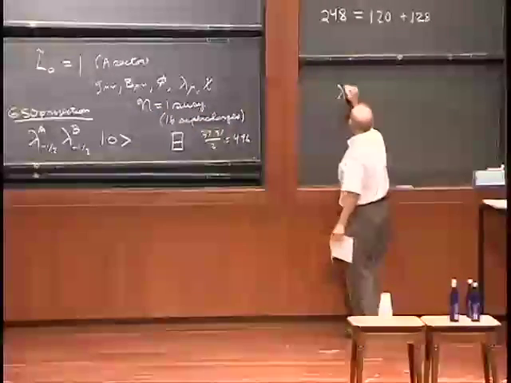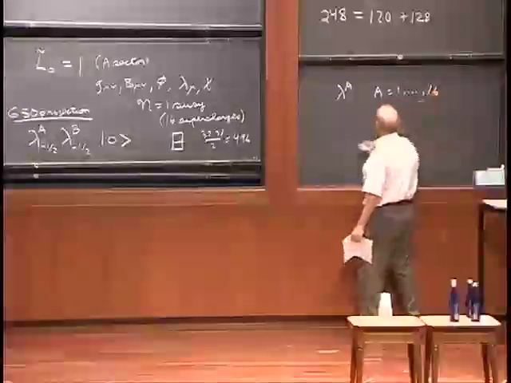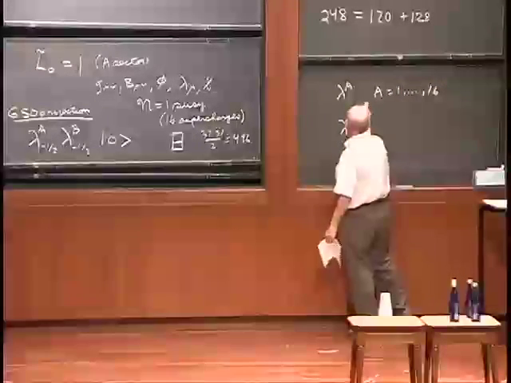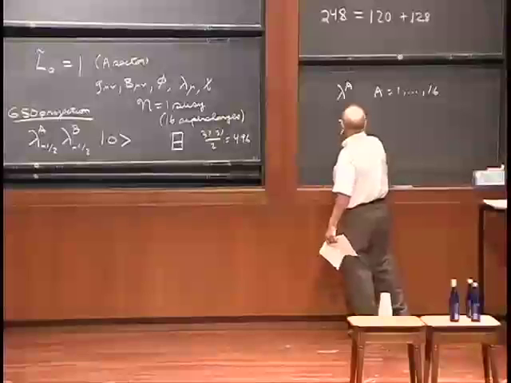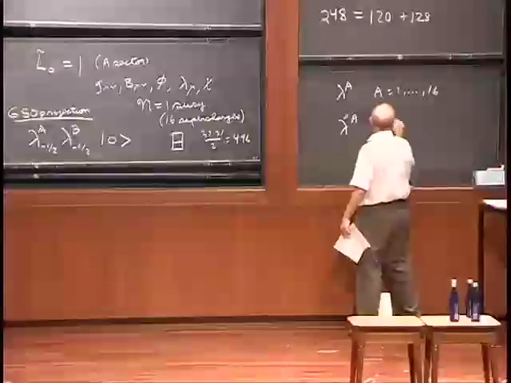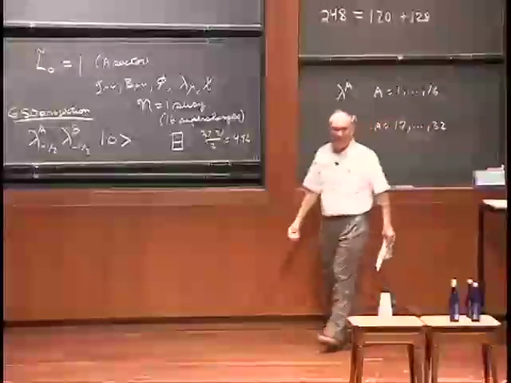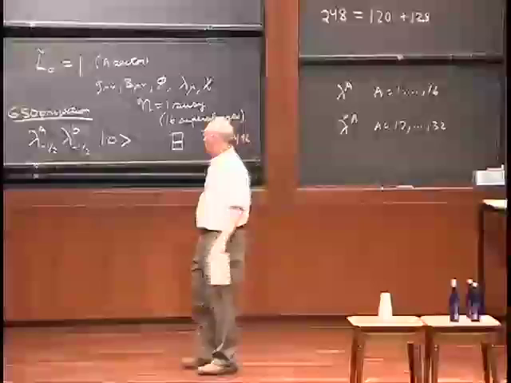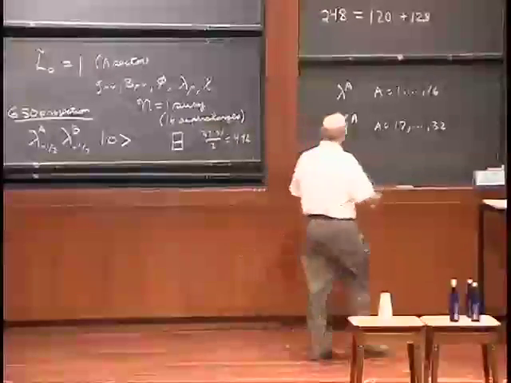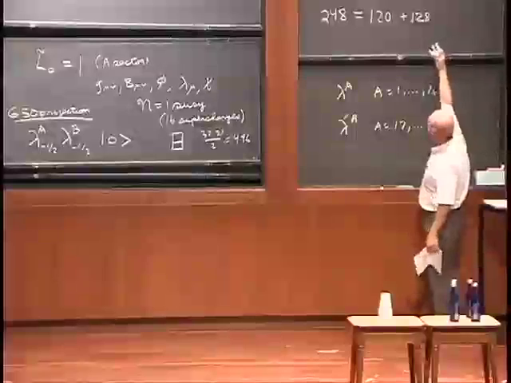One set is lambda A, where A goes from 1 to 16, and the other is lambda A, where A goes from 17 to 32. So we just arbitrarily divide them into two sets of spinors, and we're going to have to somehow treat the two sets a little differently, because one of them is going to give rise to the SO16.